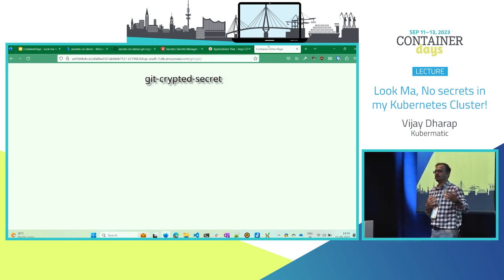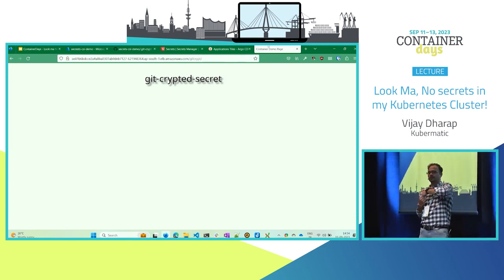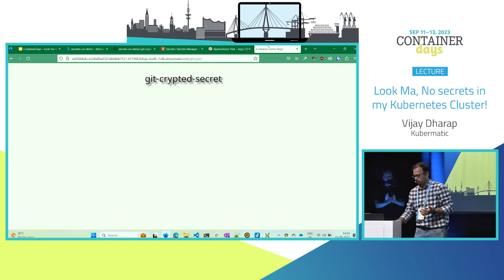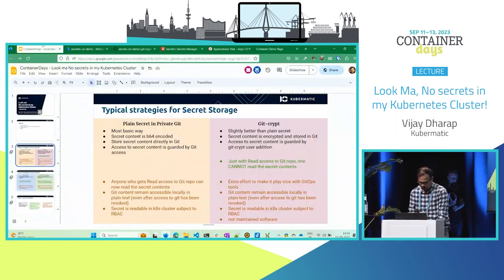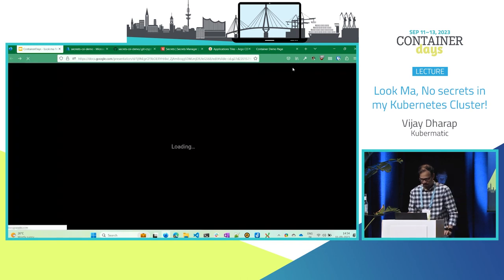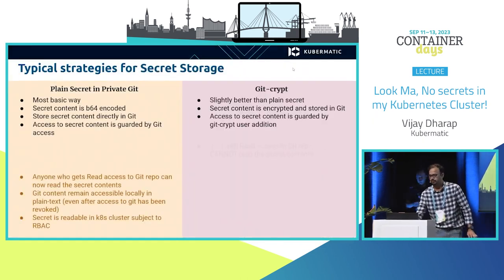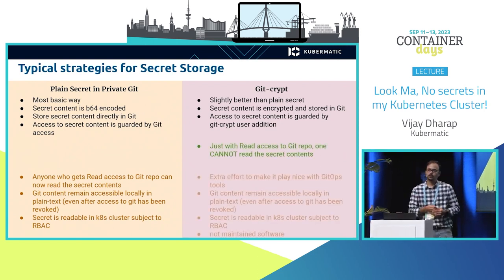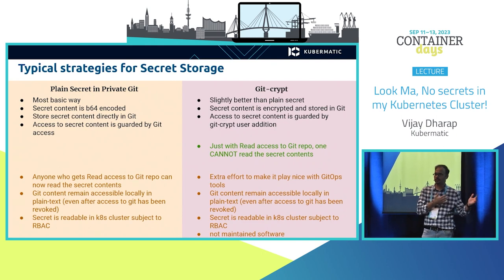But then how does it work with GitOps tools like Argo CD? Because Argo CD is directly going to Git, getting the Git cloned and deploying. So it actually makes it a lot more difficult to use a GitOps tool when you use git-crypt. In fact, in my case also, I have used a customized Argo CD, in order for Argo CD to decrypt the encrypted secret and get it deployed.